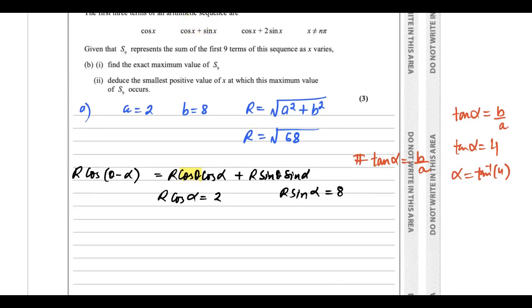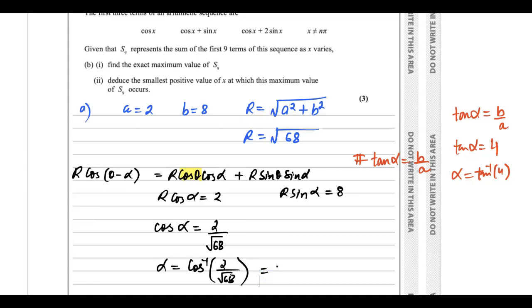Or, because we were following this method, out of these two we can follow any one. It would give us cos alpha equal to 2 over r, which is root 68. Solving for alpha, that would be cos inverse of 2 over root 68. Let's find out.